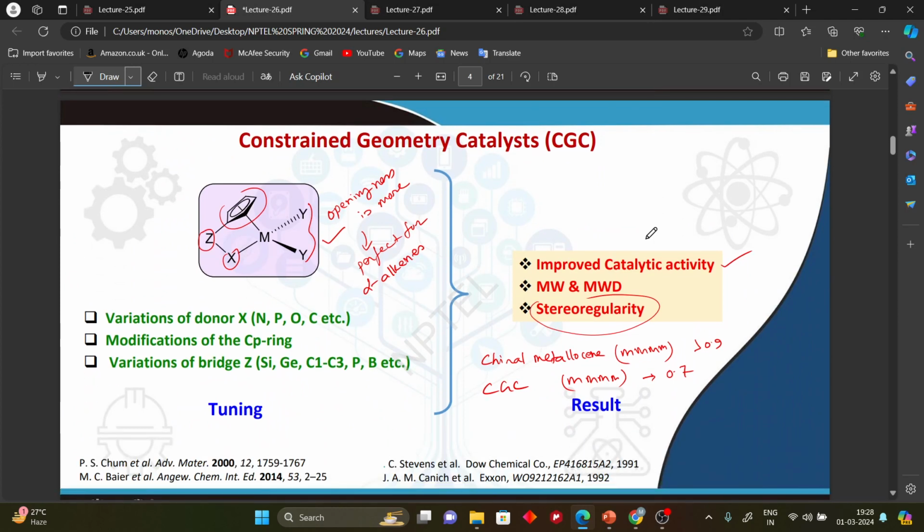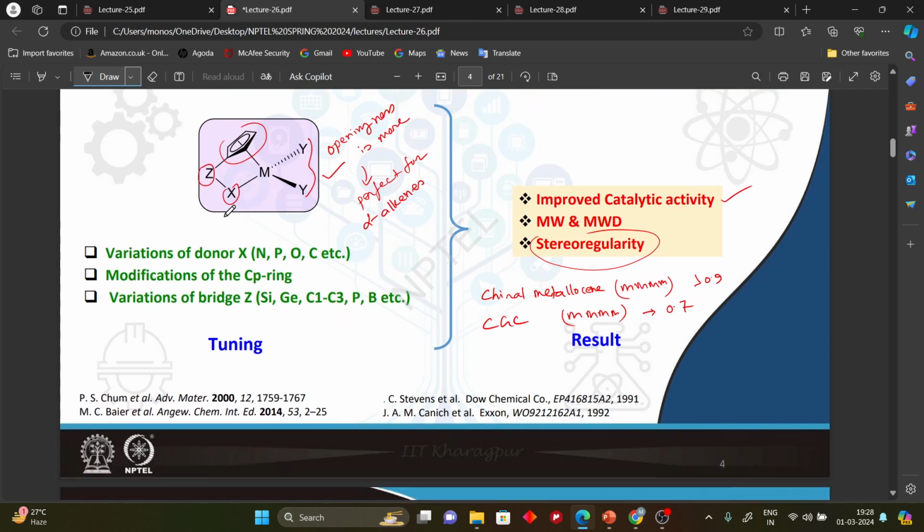So this is actually your CGC or constrained geometry catalyst, and various donors can be there like nitrogen, phosphorus, or carbon, and generally bridges are like silicon in this particular case.